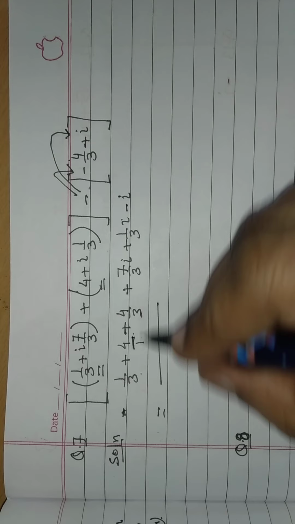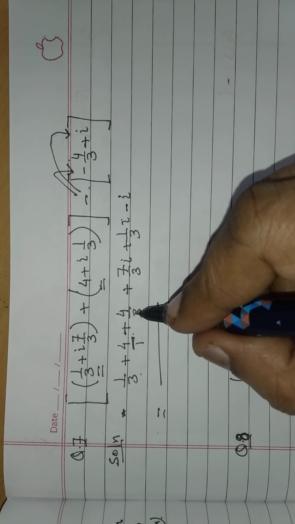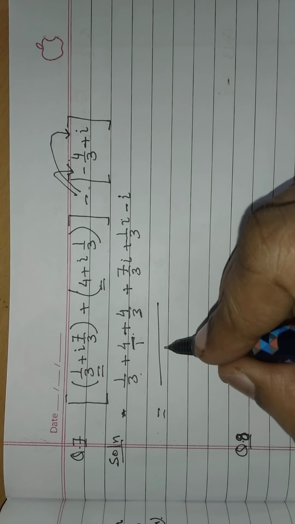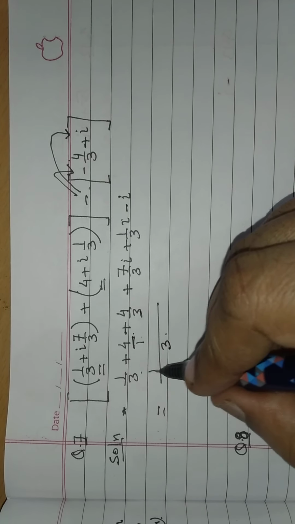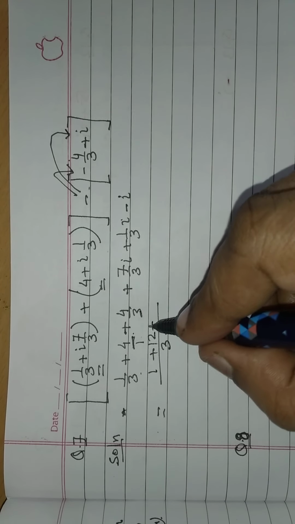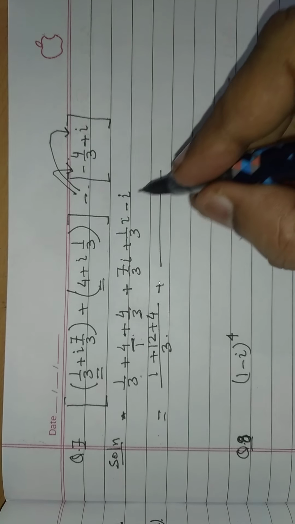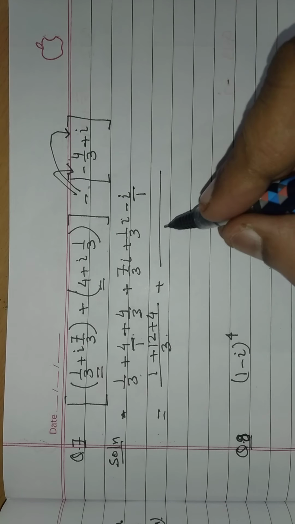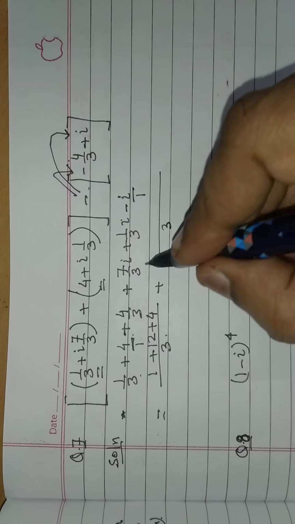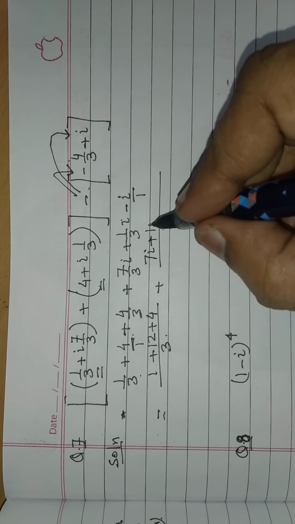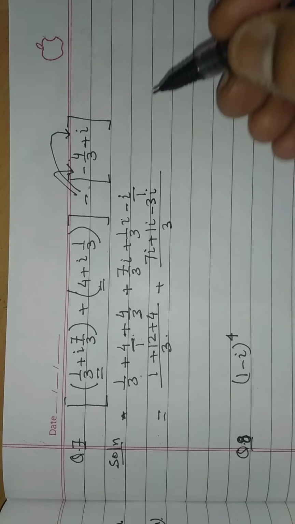So suppose in the real part, 3 is the LCM, so 1, 3 4 is 12, and then it is 4, and here is nothing, so 1. For the imaginary part the LCM will be 3, so 7i plus 1i minus 3i.